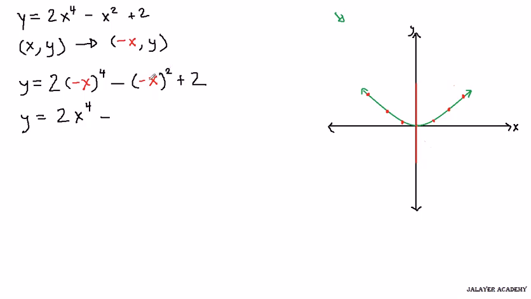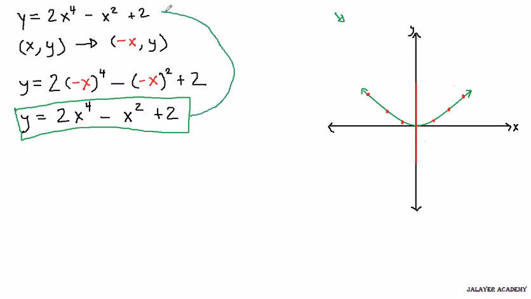Well, again, any negative number or variable to an even power is positive. So this is just going to be positive x squared plus 2. Okay? So now I want you to take note of what we got here, because what we got here is exactly what we started with.